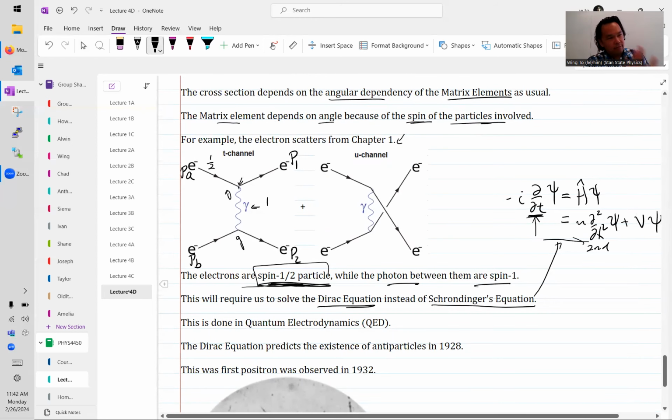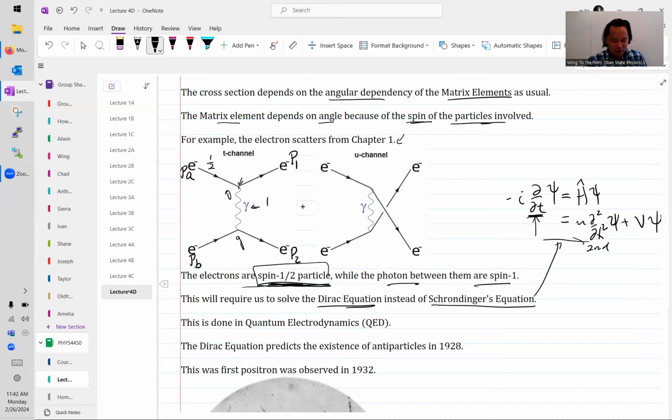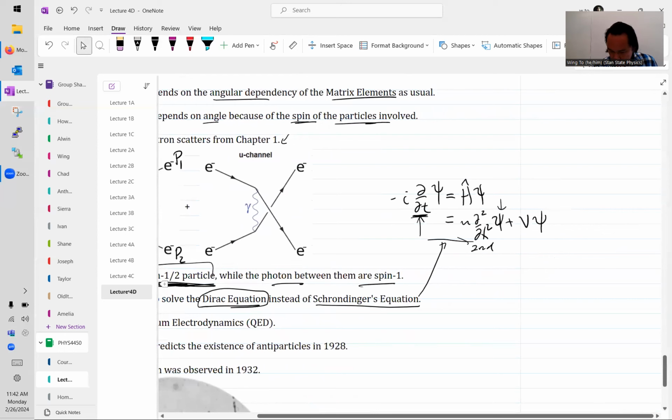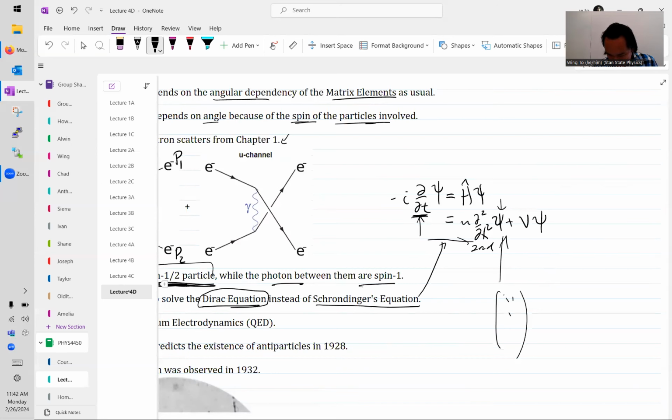We're not going to dive into relativistic quantum mechanics, but we will tell you how the Dirac equation came up through the Klein-Gordon equation, where instead of wave functions, we have spinors, which have 4 components.